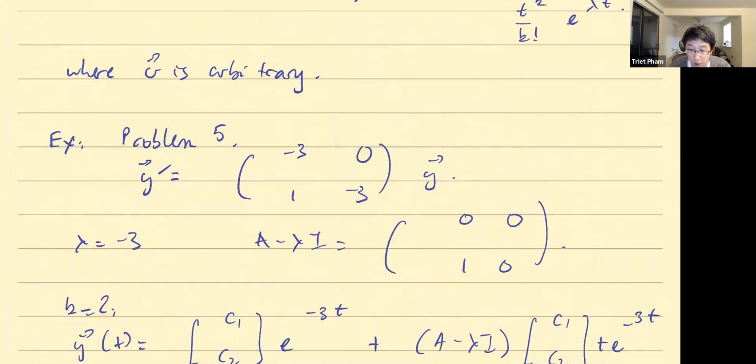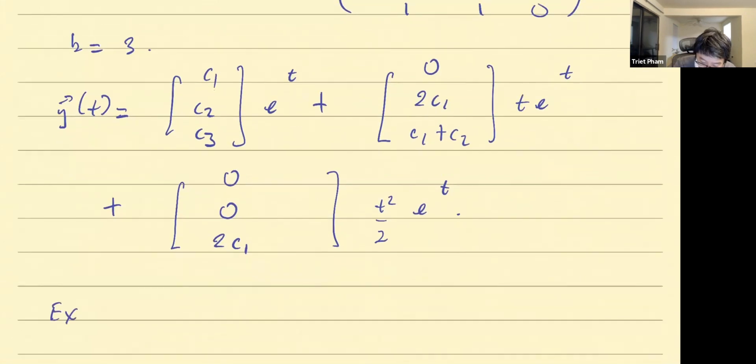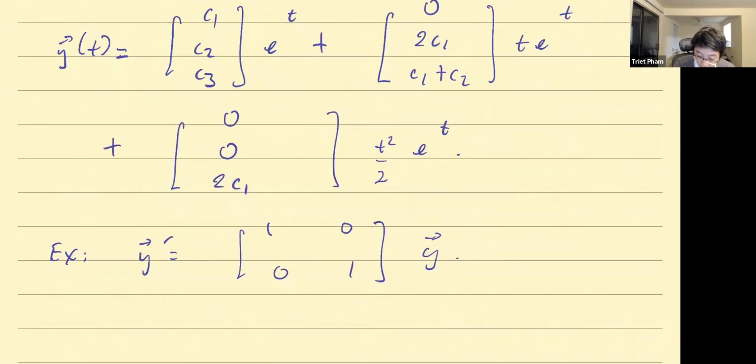Let me give you one last example, or maybe 2 more examples, because this is good to see. Let's take the silliest thing. Then lambda equals 1. A minus lambda I is, I guess, everyone's favorite matrix.